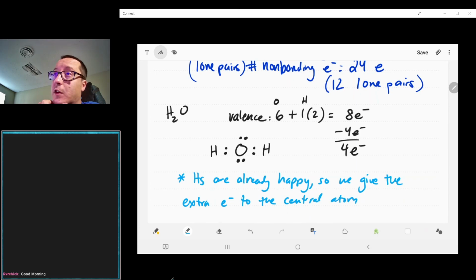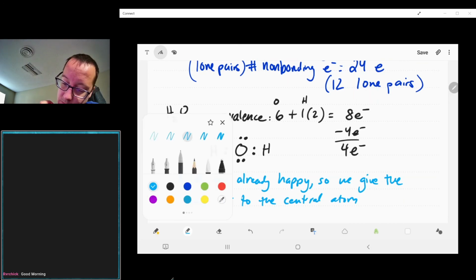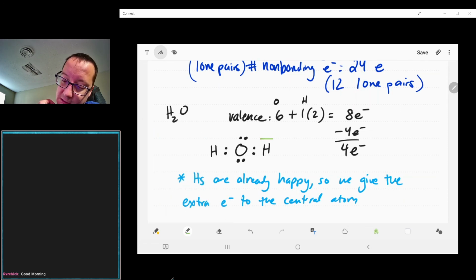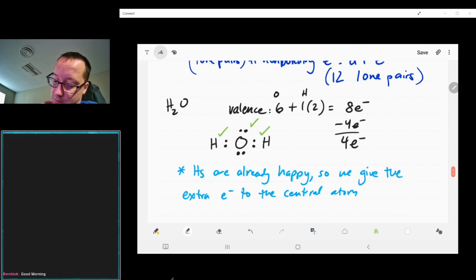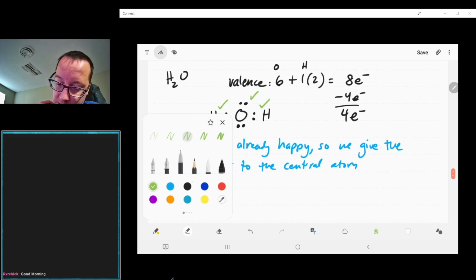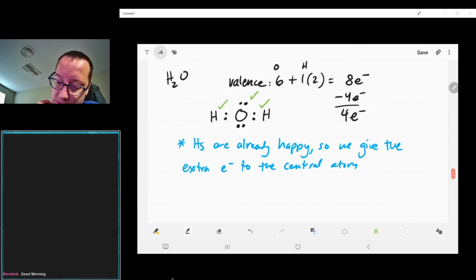All right, and those are going to be over there. Let's evaluate our structure. Each of these hydrogens has 2 electrons, so those are happy. Our oxygen in the middle has 8 electrons, so it's happy. So we're good.